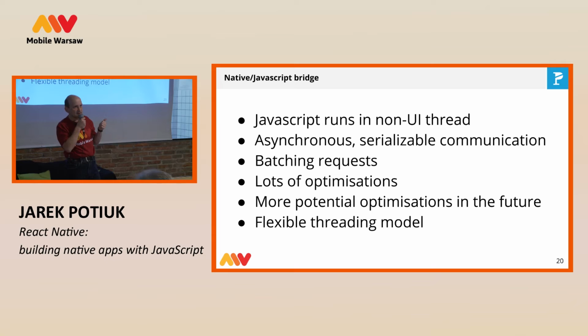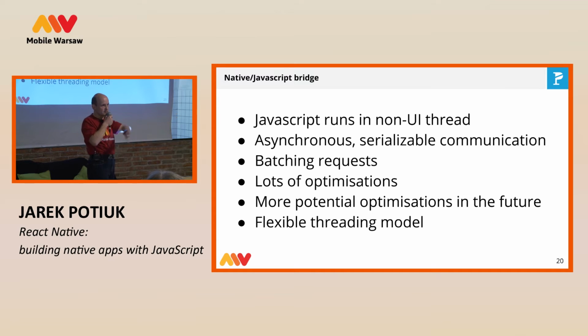Why? Because first of all, no JavaScript is running in the UI thread, so they've done a lot of good engineering behind it. Everything is asynchronous and serializable communication, with which you can do a lot of cool stuff, which I'll show you in a moment. They are batching the requests, so if many events are happening very close to each other, they will be sent at once between the native part and the JavaScript part.